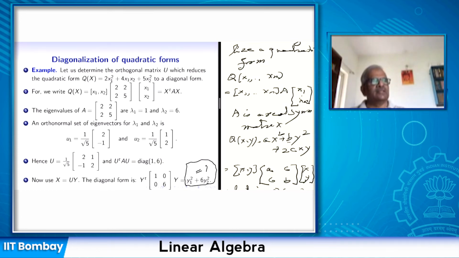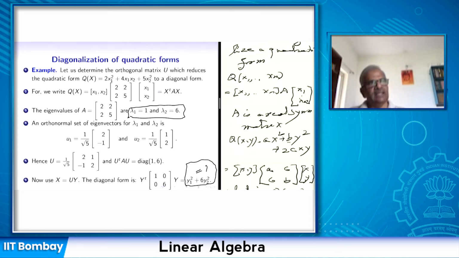Eigenvectors give you the directions of the axes, and you see 1 and 6 were the eigenvalues. So I have that the semi-major axis will have length 1, and the semi-minor axis will have length 1 over square root of 6.